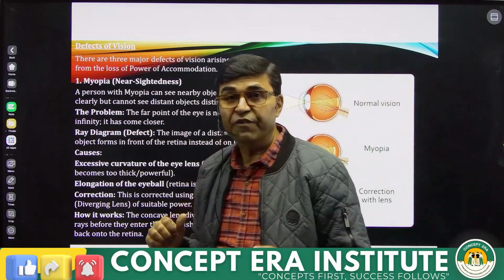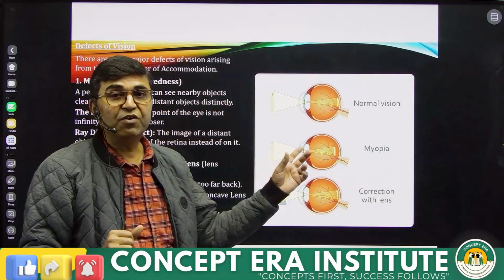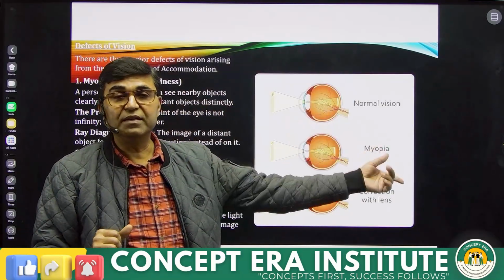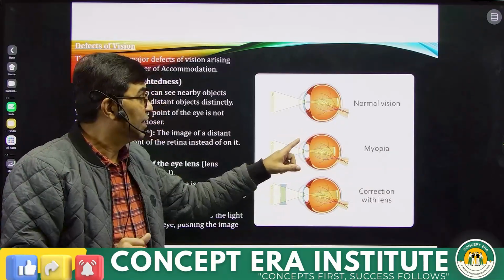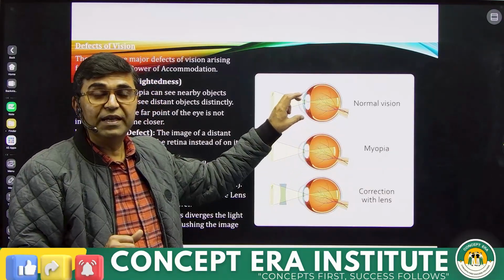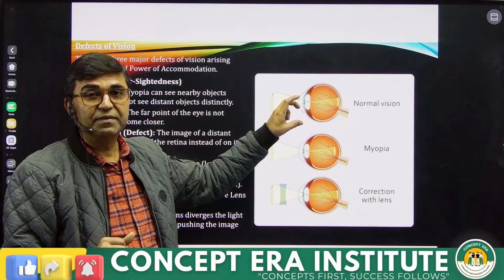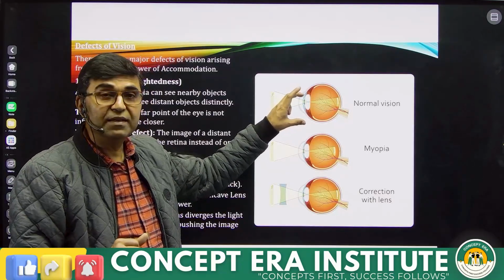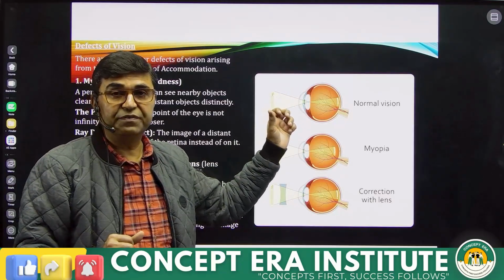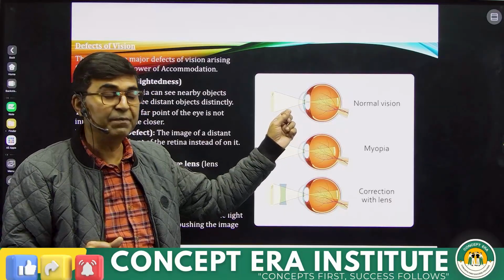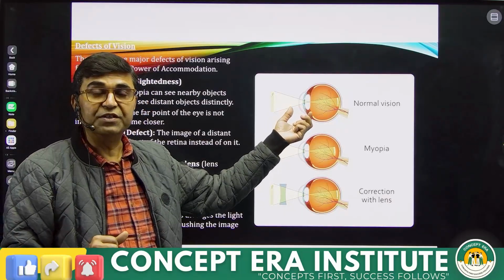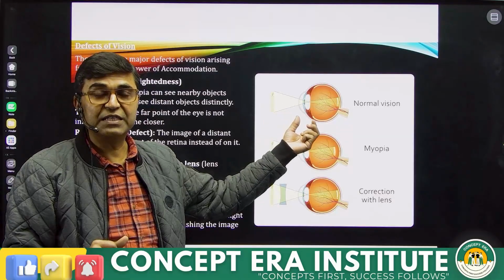But when a person is suffering from myopia or nearsightedness, the light coming from the distant objects, for those, the lens is not very thin. The lens has become slightly stiff, or it has lost its flexibility to some extent. That means it is not able to reach its normal relaxed position.